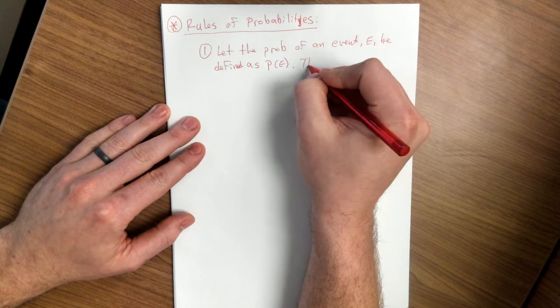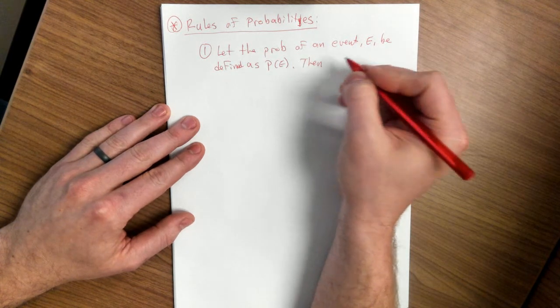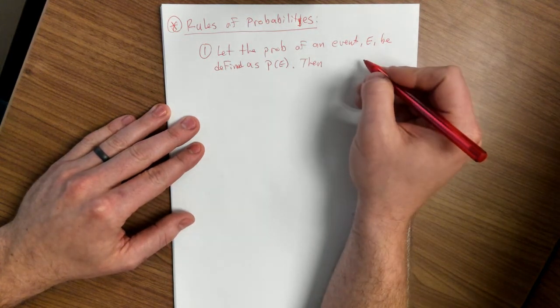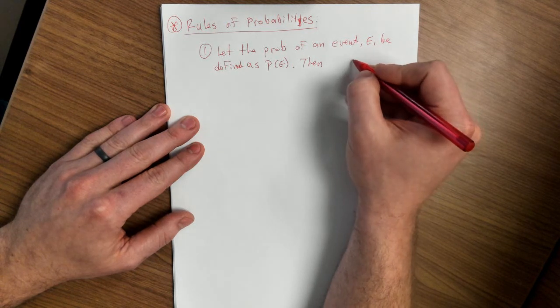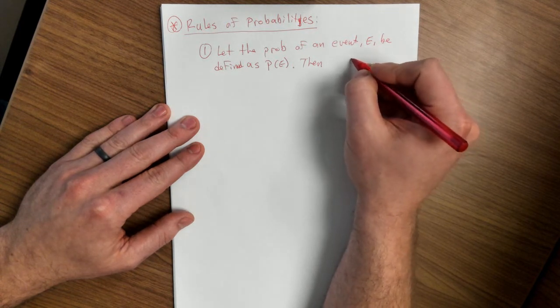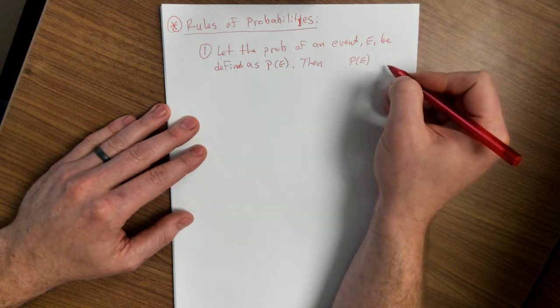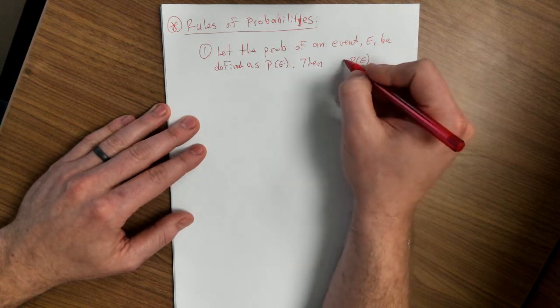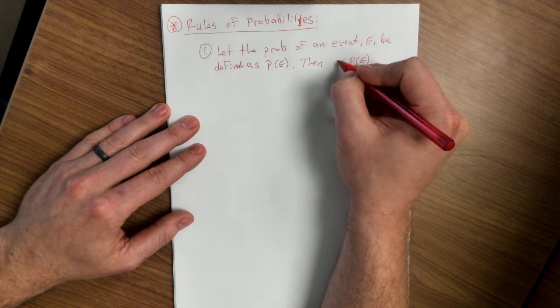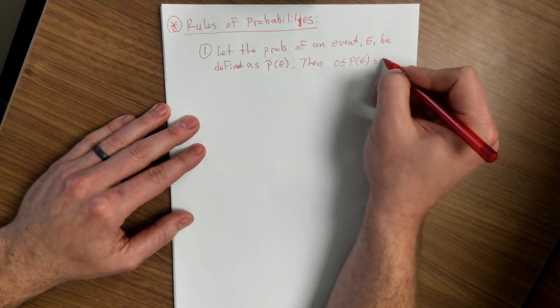Then, and you may want to watch what I write right here before you write it, the probability of E has to be between two numbers. We say it's between 0 and 1.